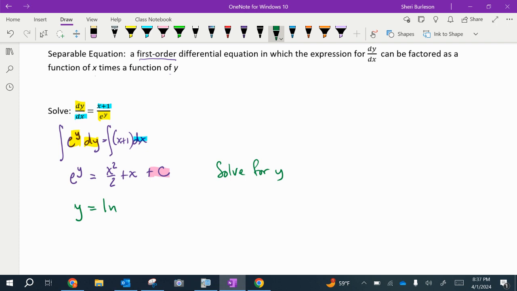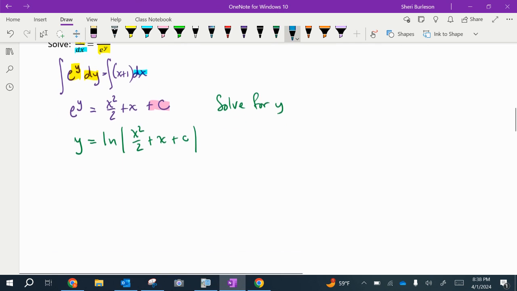E raised to any power is going to be a positive number, and I am only allowed to take the natural log of a positive number. So unless I can guarantee that this is always positive, I need to have it in absolute value symbols. So I have separated my variables, integrated, included my constant of integration, and then solved for y.